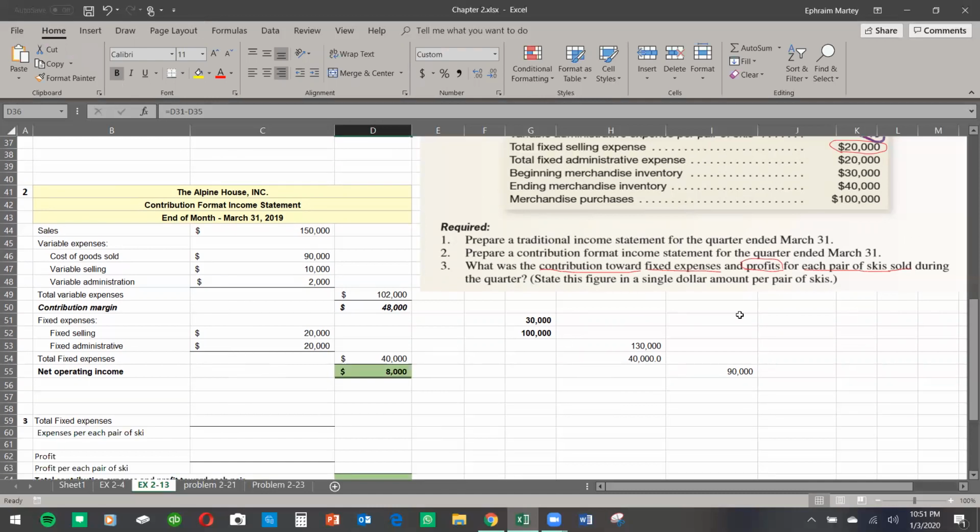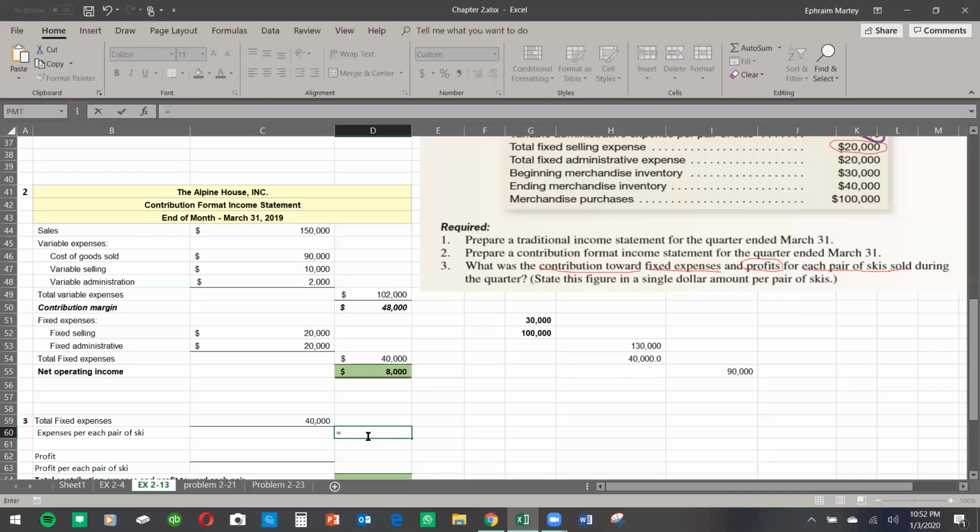Now, when I think of this, I ask myself, how much is the fixed expenses in total? We have computed it here. Total fixed expenses is $40,000. How much is total fixed expense for each pair of ski?